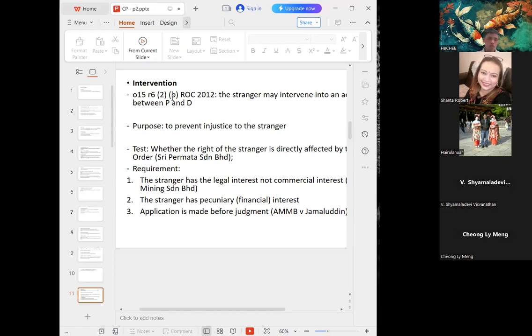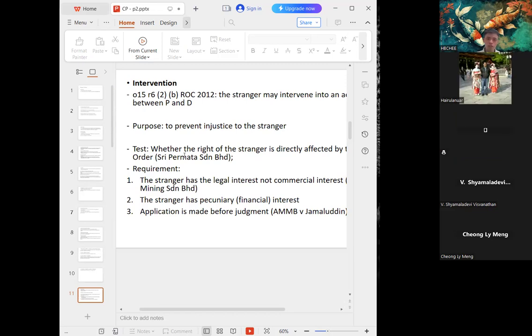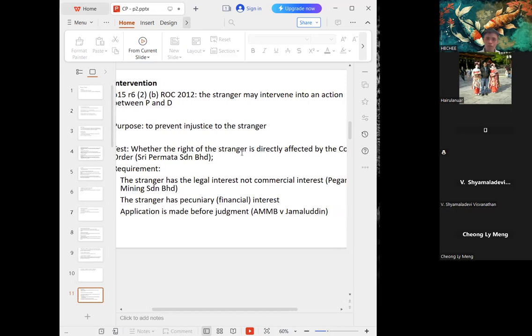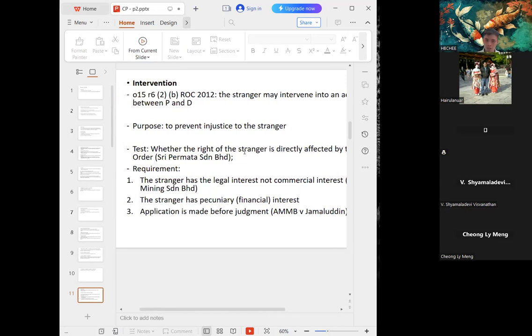Okay, so the purpose is to prevent injustice to the stranger. That means he or she must have some legal interest. The test is whether the right of the stranger is directly affected by the court order. This is given in the case of Seri Permata Sembilan Berhad.